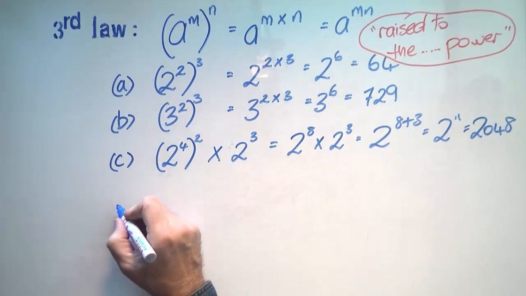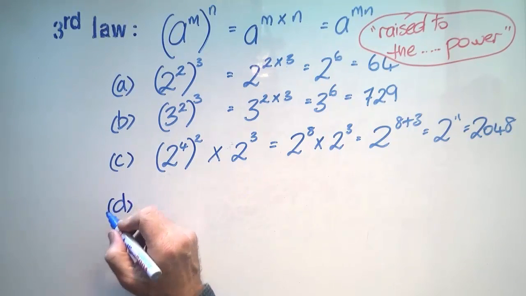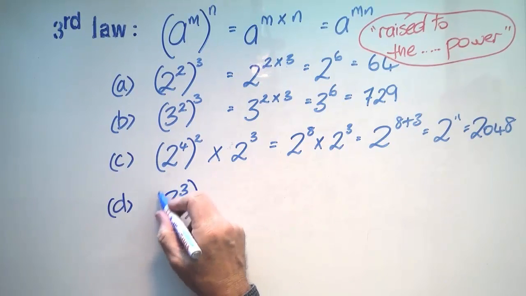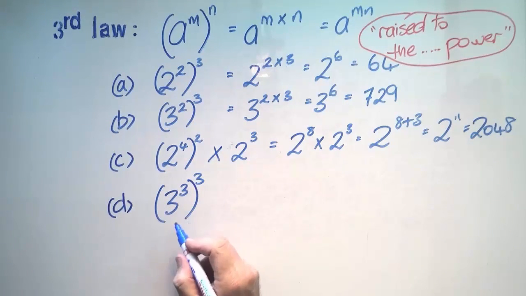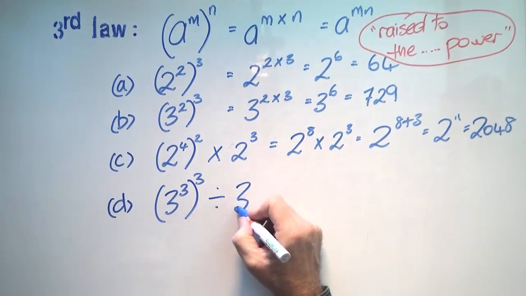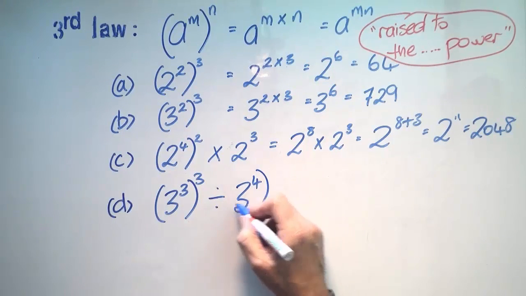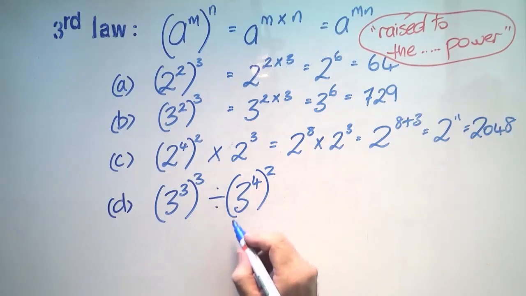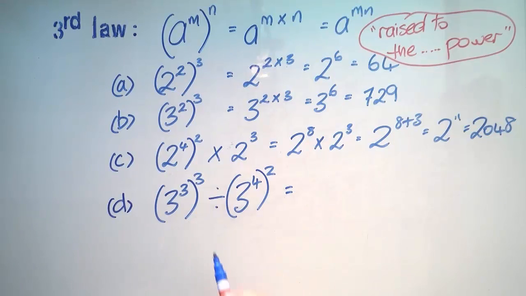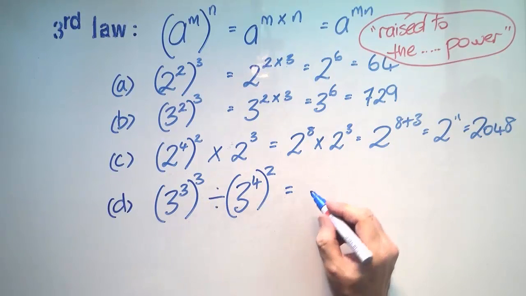Another example, 3 cubed raised to the 3rd power, or 3 cubed all cubed, divided by 3 to the 4th power raised to the 2nd power, or 3 to the 4th power all squared. Again, we do this operation first, okay?